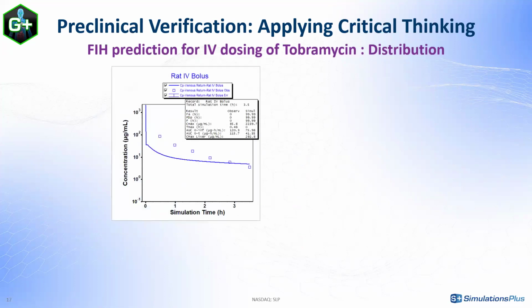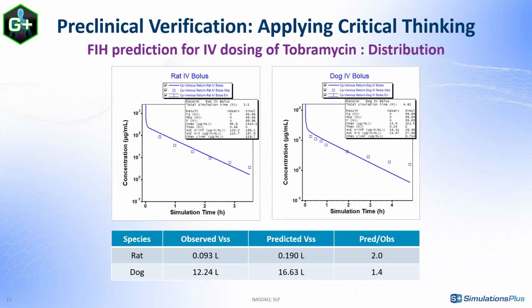So the results of these adjustments can be seen. This was our original simulation. And once we've made the adjustments, we can see that the volume of distribution is much better predicted compared to the original input parameters. If we use the same strategy in the dog, again, the volume of distribution is reasonable.